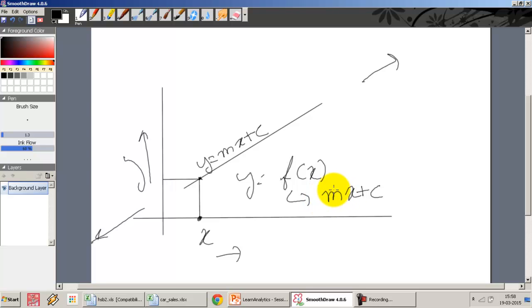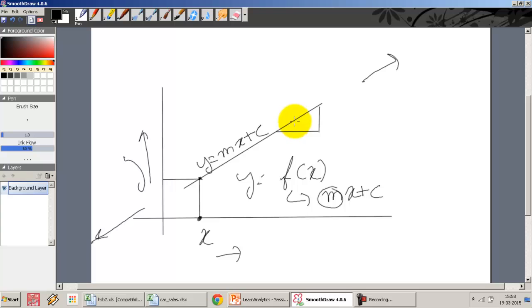So what is m here? m is defined as the slope of this line, or the angle this line makes with the x-axis. One way of looking at the slope is to treat this particular line as a triangle, so I'll pick any segment here. Let's pick this particular segment and make a right angle triangle.